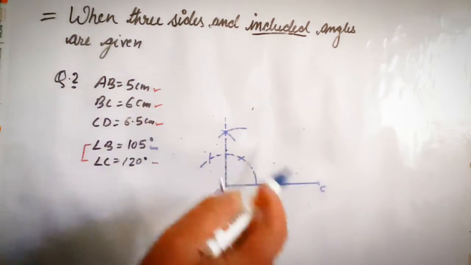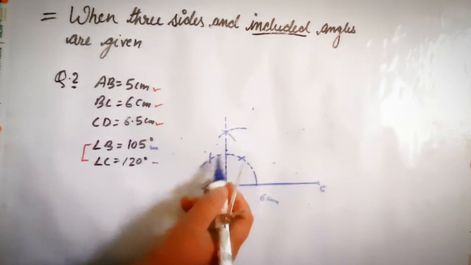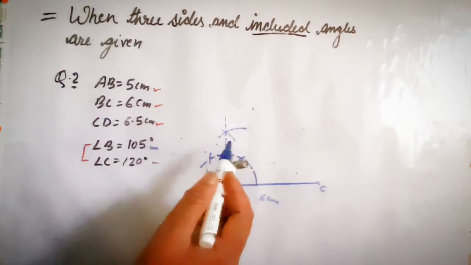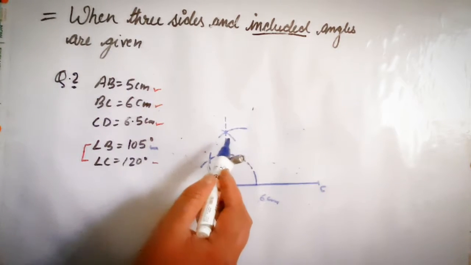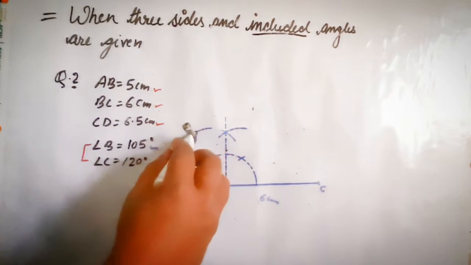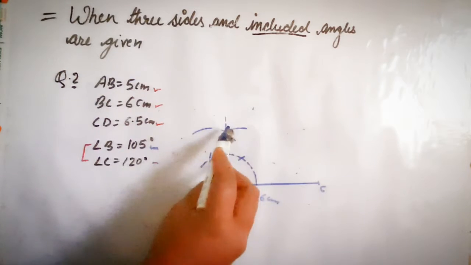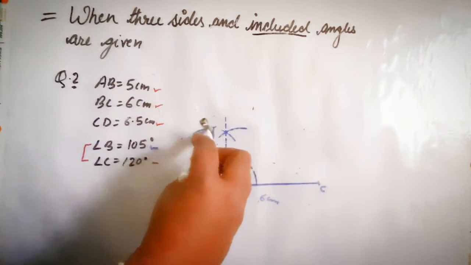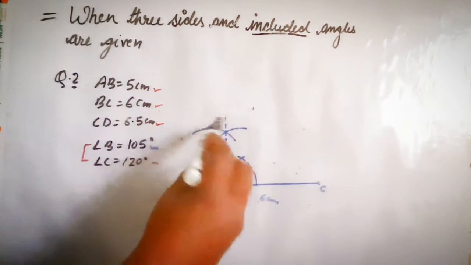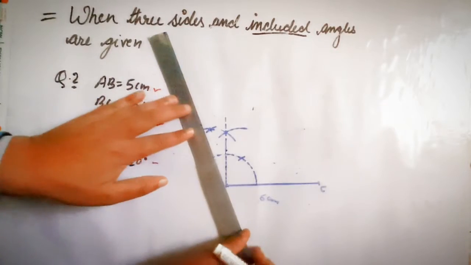Then 120 and 90, 120 plus 90 is equal to 210, and half of 210 is equal to 105. So one arc from 120 for 105 and second arc from 90. So these arcs are intersecting at a point, and that point will be 105 degree.